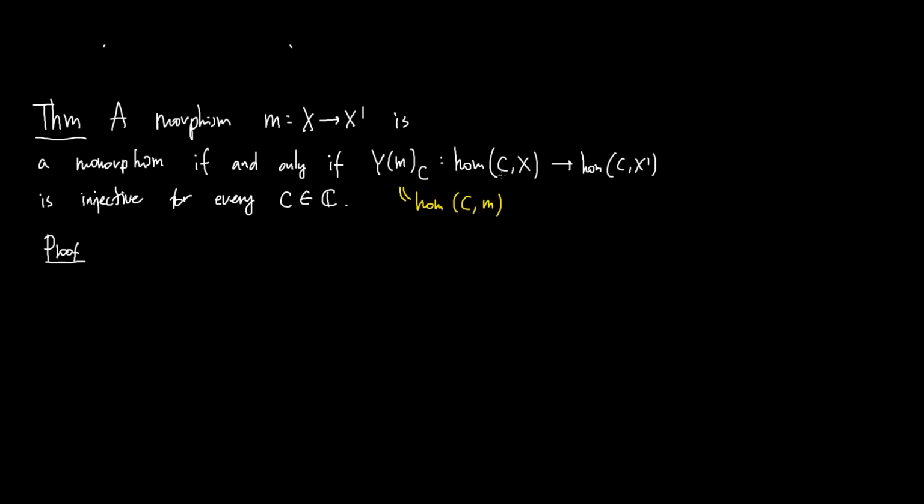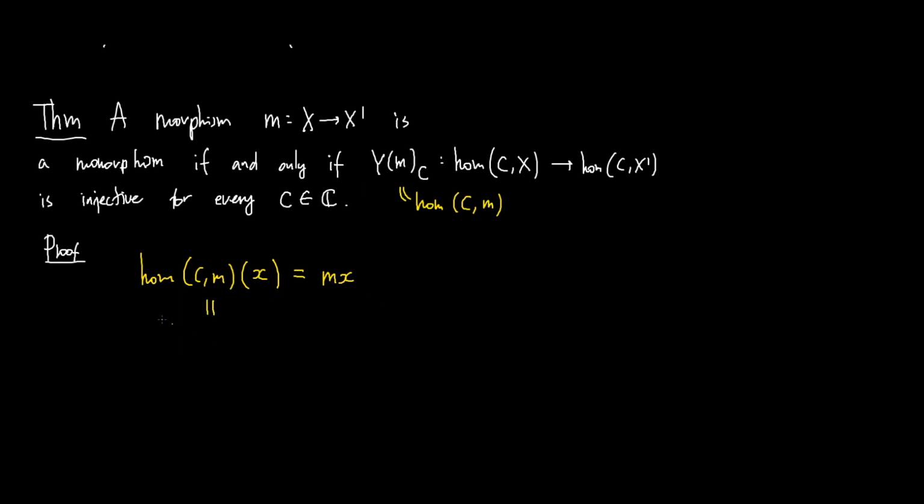So hom(C, m) from hom(C, X) to hom(C, X prime) is what? It's a function that maps an element x to mx, right? So writing down injectivity of this function is writing the following down.